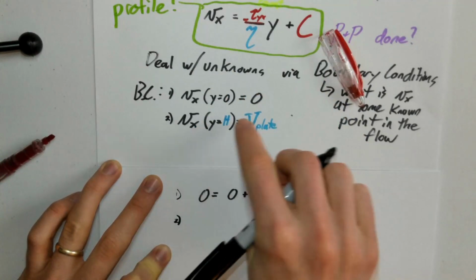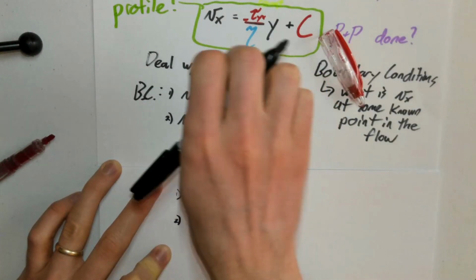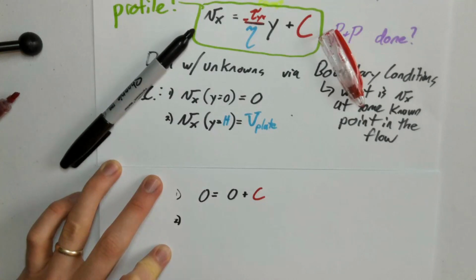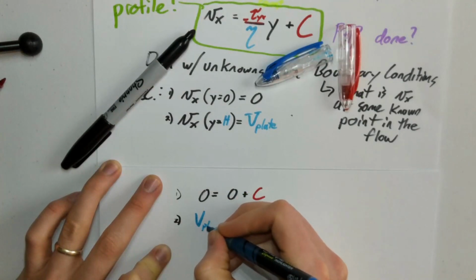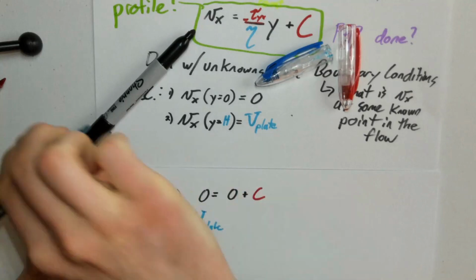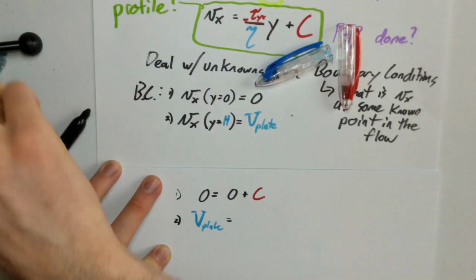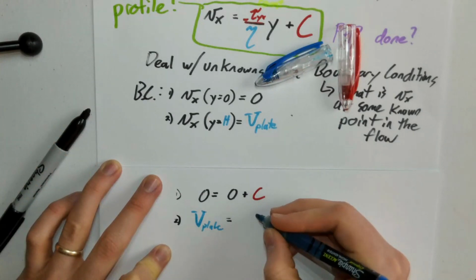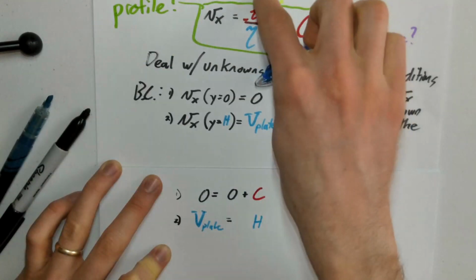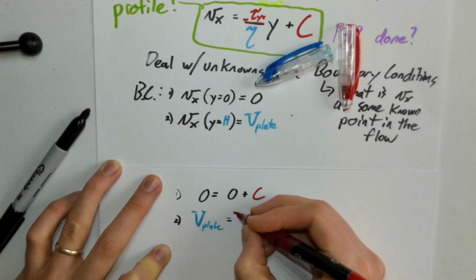And then we have our second boundary condition. We'll sub in V plate for Vx, equals, we'll sub in y equals h right here. And of course, we still need to keep these constant terms out front.